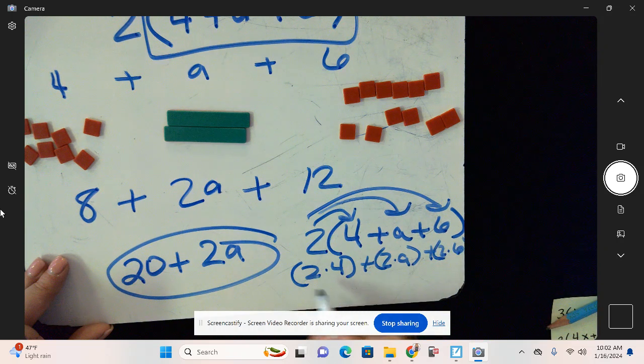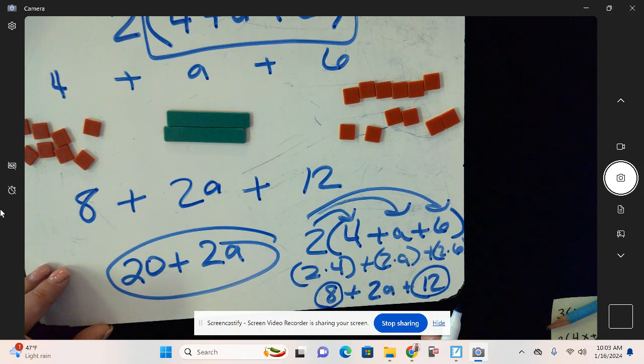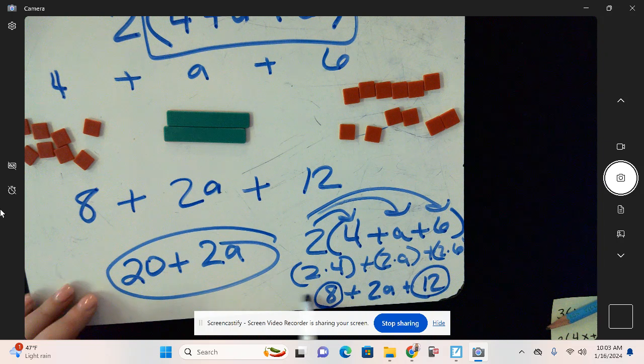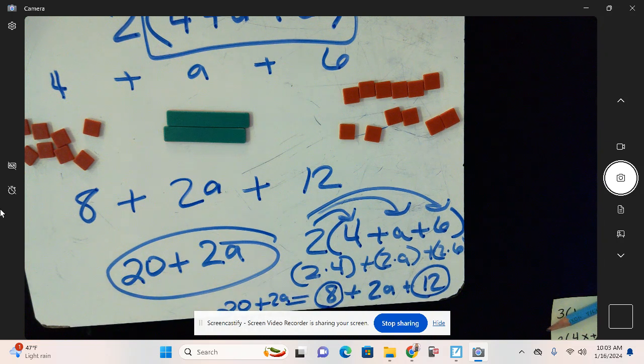Well, 2 times 4 is 8. 2 times A is just 2A and 12. And then I can put my constants together, which would give me 20. So it would be 20 plus 2A, which is the same thing, right?